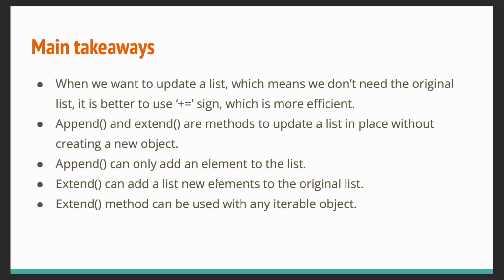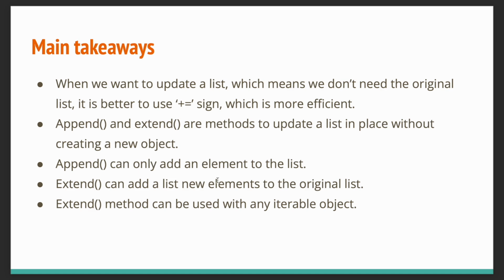So then we come to the end of my tutorial. The main takeaways of this tutorial are, first, if we want to update a list, which means we don't need an original list, it is always better to use the plus equal sign, which is more efficient. And then I introduced 2 methods, which are append and extend. They are methods to update a list in place without creating a new object.